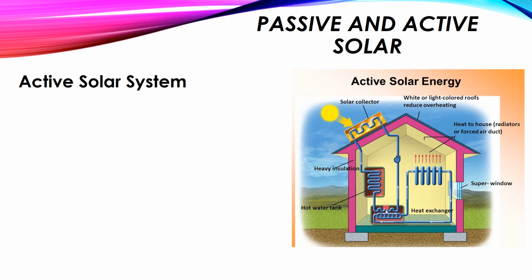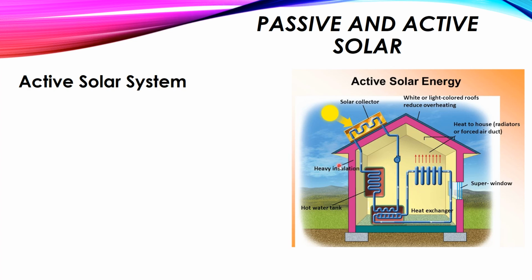The heat energy inside the hot water tank provides heat for the cold air and makes it hotter using the heat exchanger. Then it becomes hot and is used to warm our home.